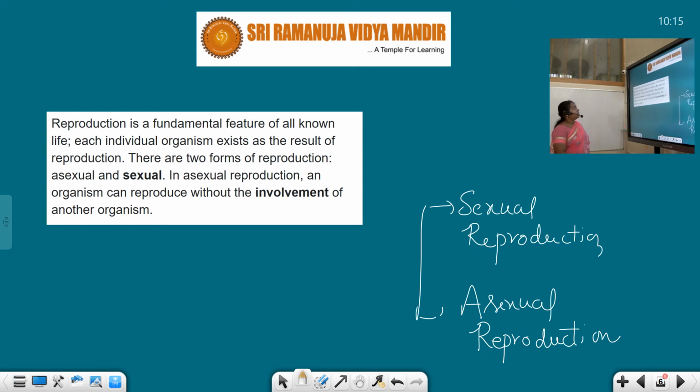Okay, students, in asexual reproduction, an organism can reproduce without the involvement of another organism. For sexual reproduction, it requires two organisms, male and female, whereas in the case of asexual reproduction, only one parent is there. That parent cell is going to give a new individual or a new progeny. That is the only difference between sexual and asexual.